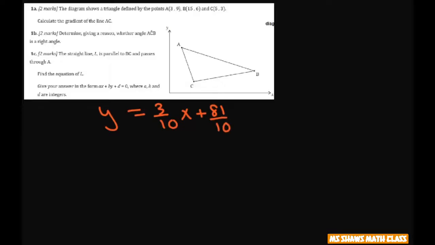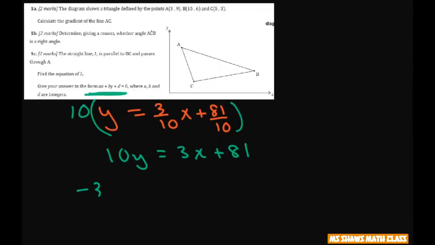Now we need to write it in this form. So we're going to multiply everything through by 10 first to get rid of that fraction. You can't have fractions. So you get 10y equals 3x plus 81. Now put our x first. You have negative 3x plus 10y minus 81 equals 0.